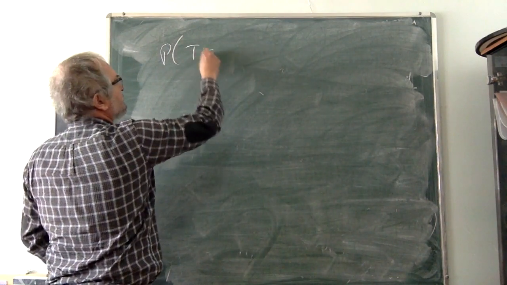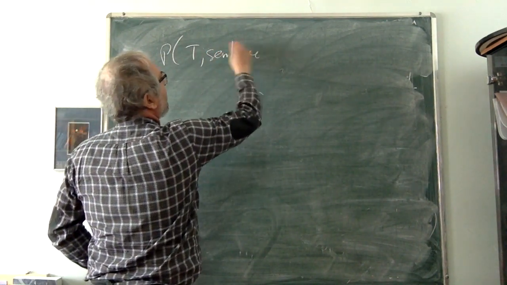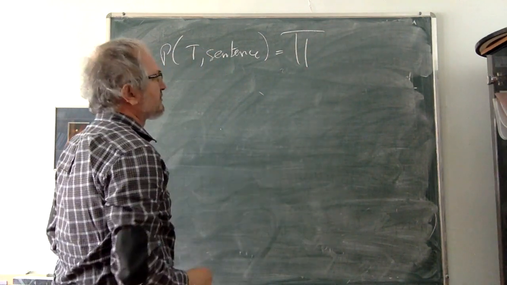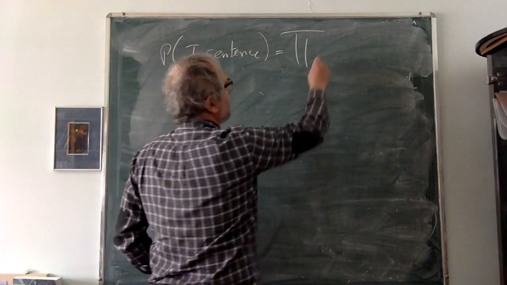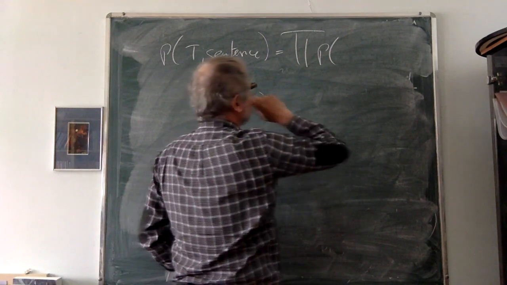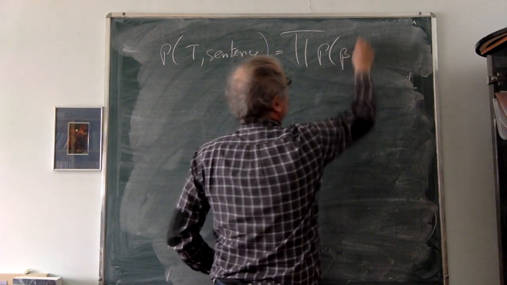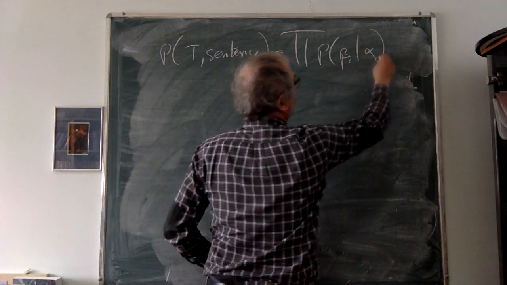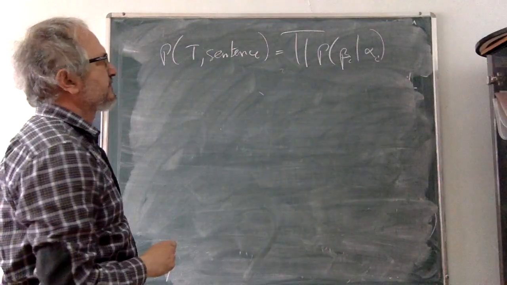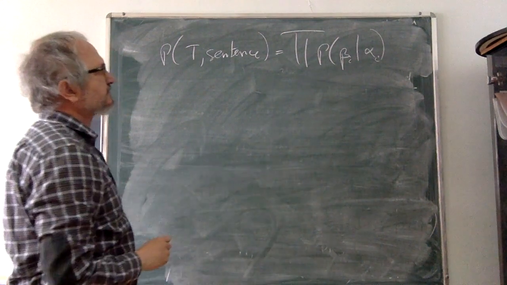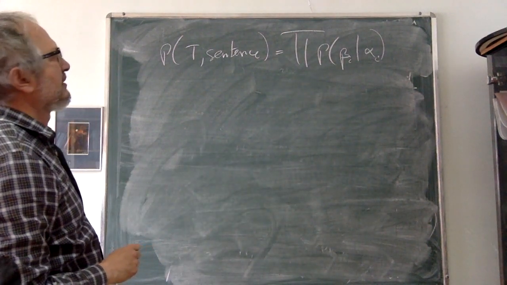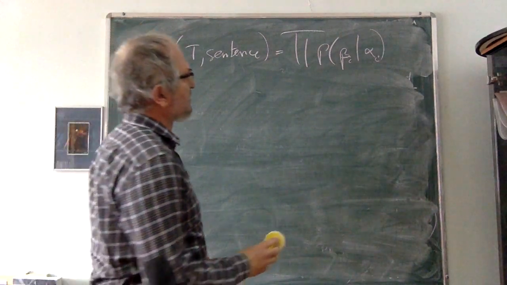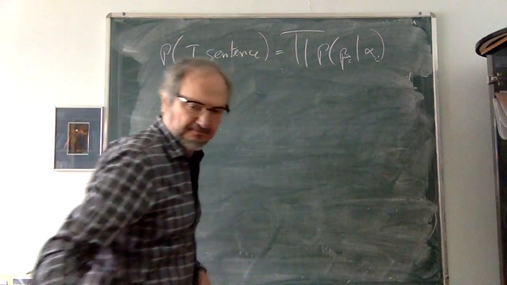Probability of a tree given a sentence is the product of probabilities of that sentence, and you can conditionalize this.